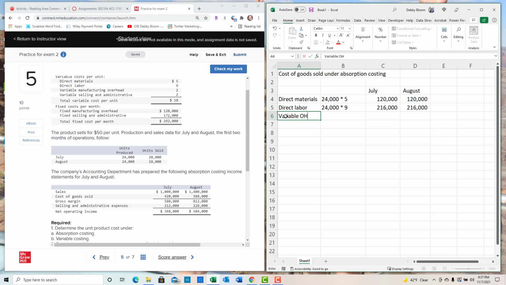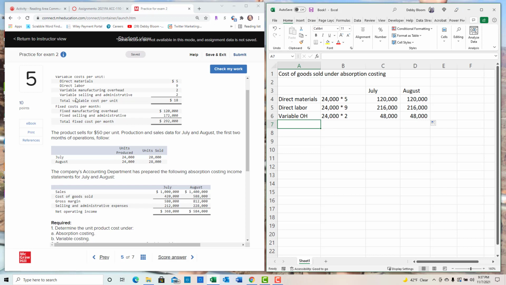So once again, for variable costs, we're just going to take the number of units produced and multiply it by the variable cost per unit. So for variable manufacturing overhead, we're going to take 24,000 multiplied by 2. So we have 48,000 and 48,000.